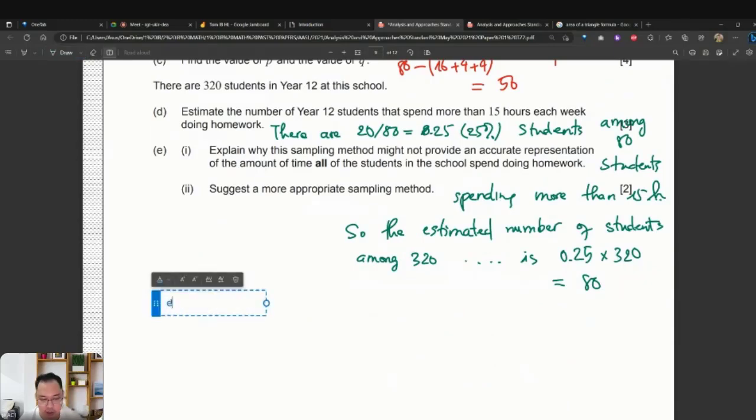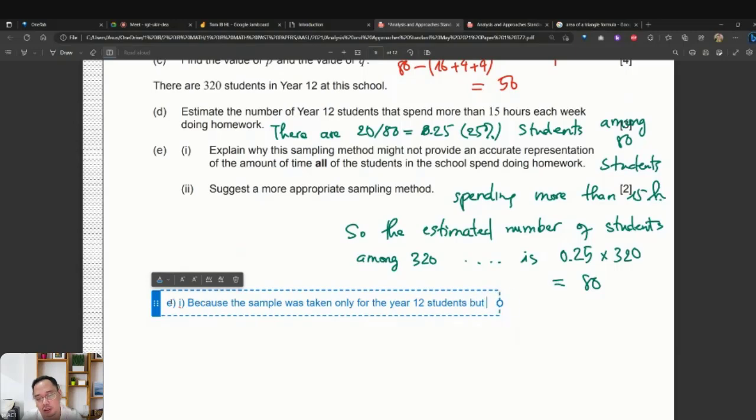Okay, here. Question E1. Because the sample was carried out only for year 12 students, but not other years, year 10 and year 11 students.